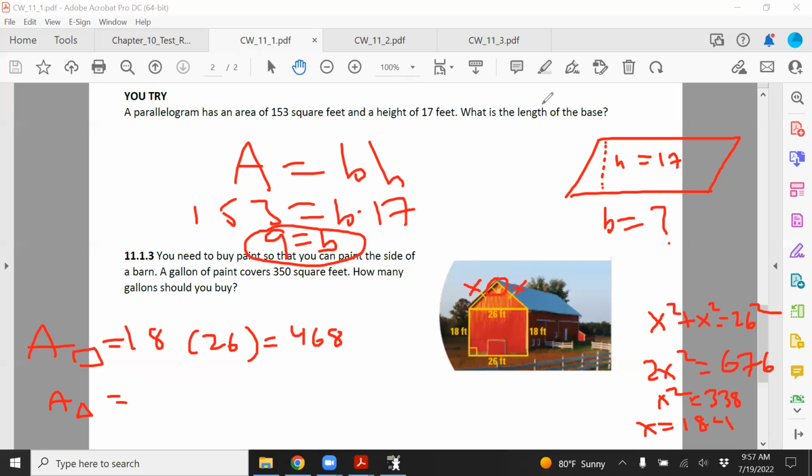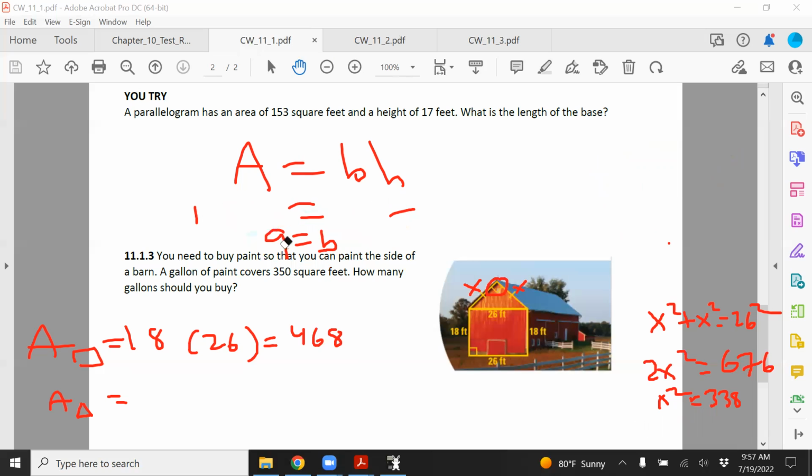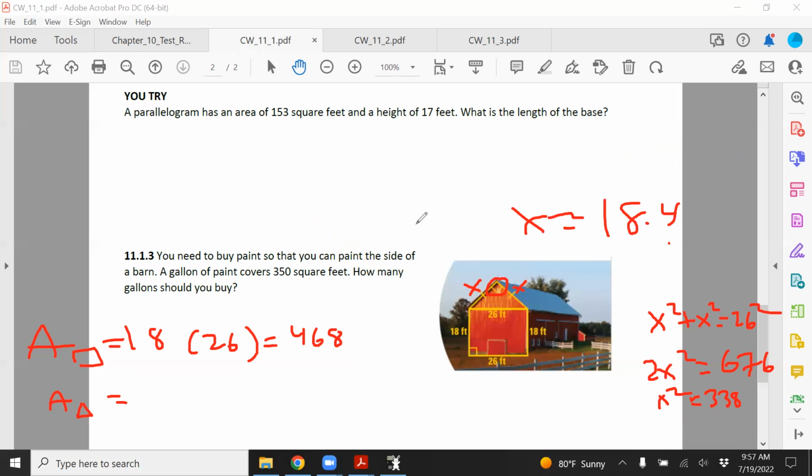You guys can't read that. My bad. Let me erase the other stuff I'll put up here. Yeah, x will be roughly 18.4. So that's 1/2, and your base is 18.4. Your height's also 18.4.